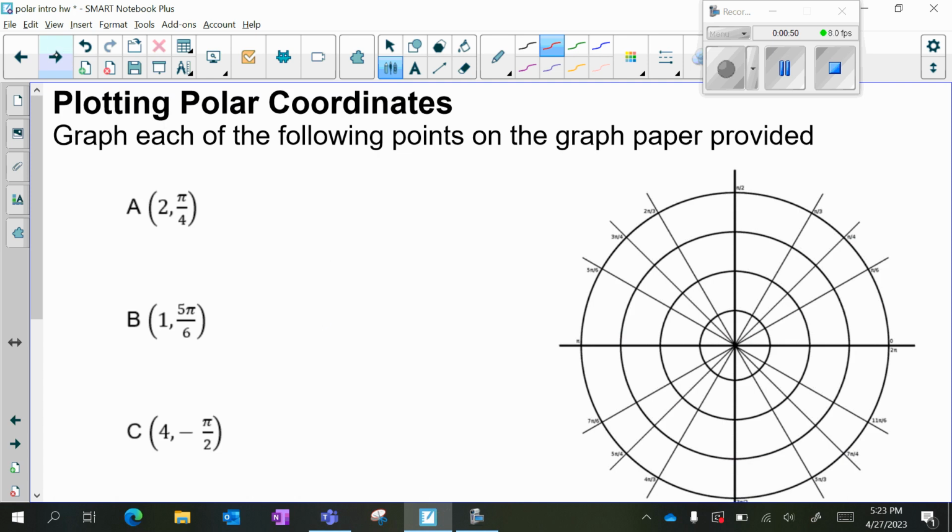So here's your polar graph, and right away I'm sure it looks very different to you because there's all of these circles. Notice how I start at 0, and this one's counting in radians instead of in degrees, but it would be the same thing. This is then pi over 6, pi over 4, pi over 3, and so on.